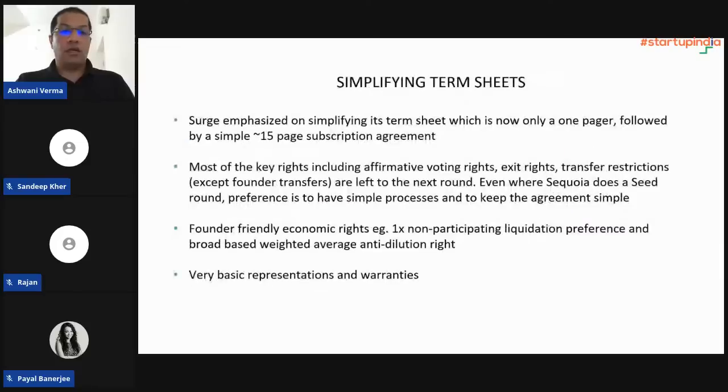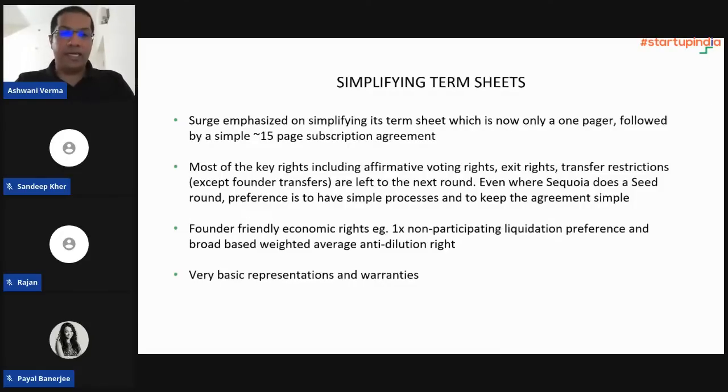Sure. Moving on, the next one is simplifying term sheets, or if I have to rephrase this, how Surge has tried making negotiation and signing of term sheets as well as definitive documents easier and time efficient. So instead of standard 3-4 pages or complicated term sheets, Surge has opted for a single one-pager term sheet which only talks about some of the economic rights we discussed earlier.